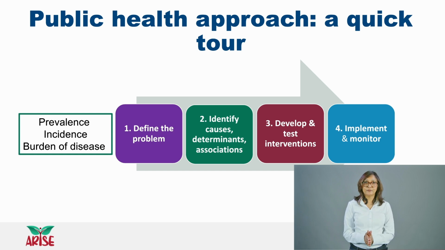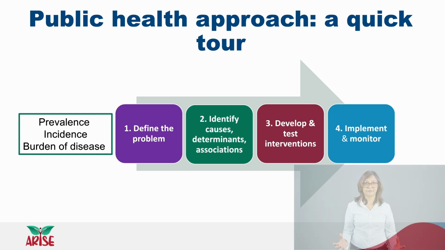Prevalence gives us information on how many people have a condition at a certain point in time. Incidence tells us how many people develop the condition over a certain period of time. And burden of disease gives us some idea of the health-related impact on people's lives at a population level.